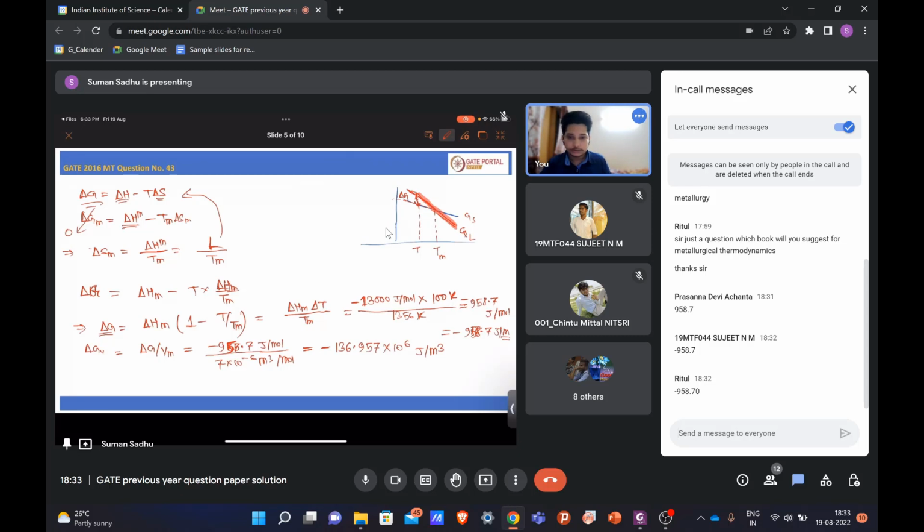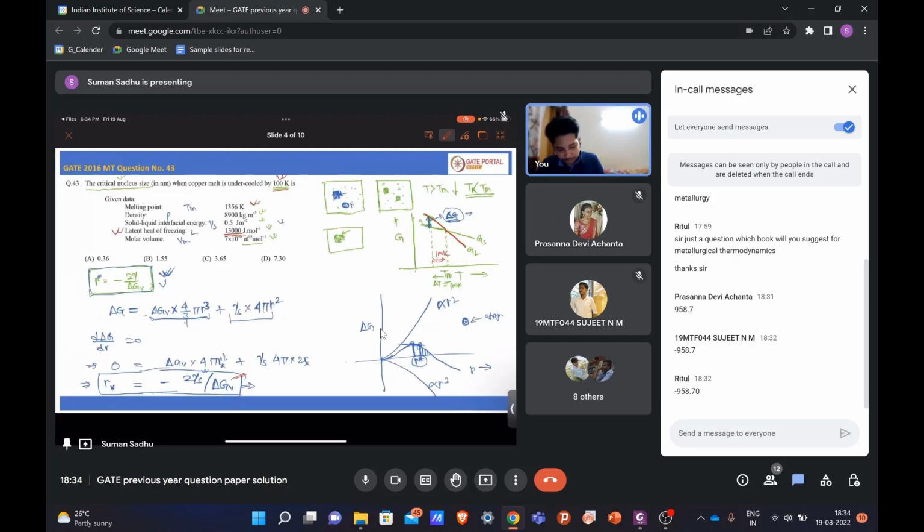Can anyone check if it is correct or not? Okay, now we have all these values. That delta GV we have calculated, and this gamma S is given as 0.5 joule per meter square.